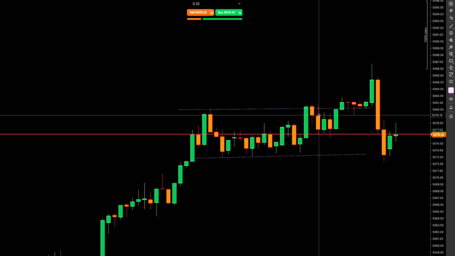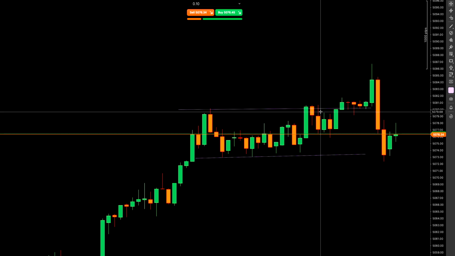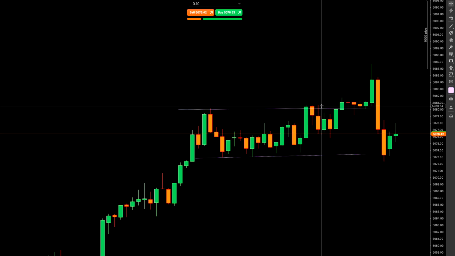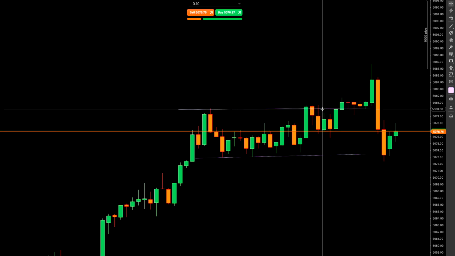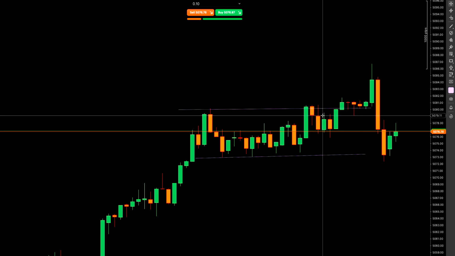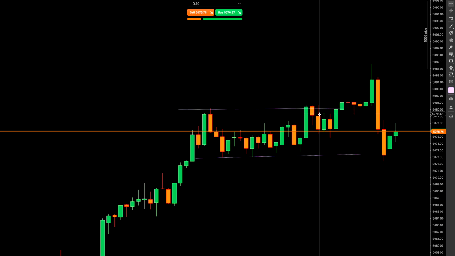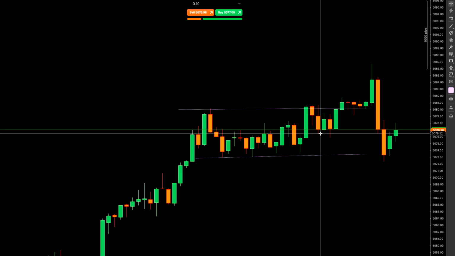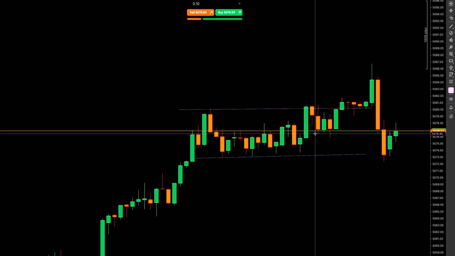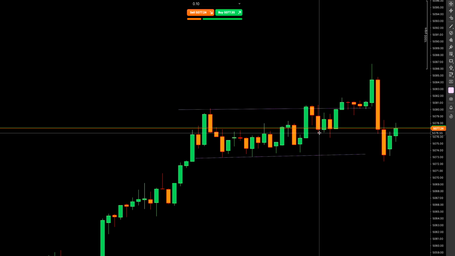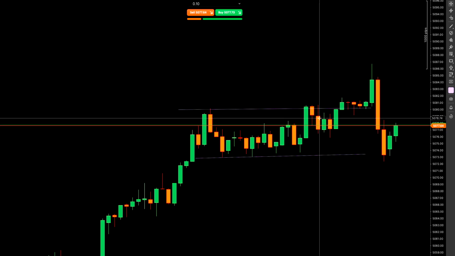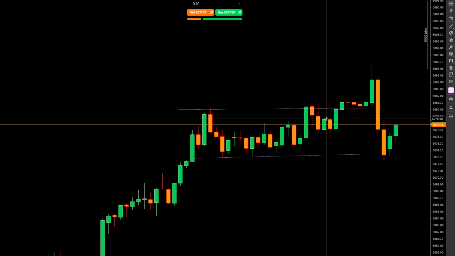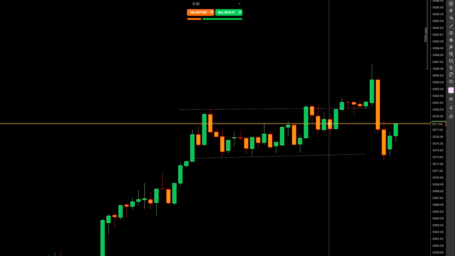But because the candle came up and had a little rejection, you're going to have to stay put. Rejection, come down, testing this level. Therefore the market stays in a loop, in a range, still consolidating.